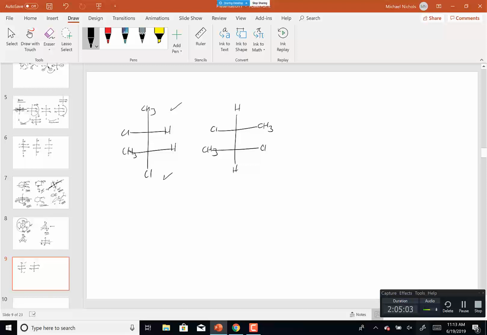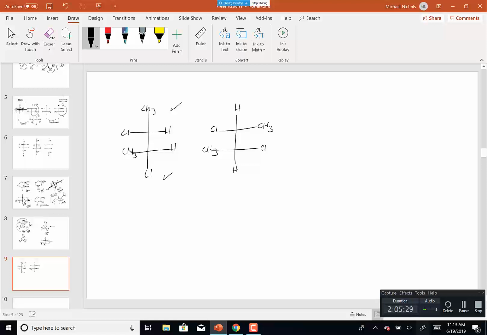So is the left molecule meso? Yes, no? No?